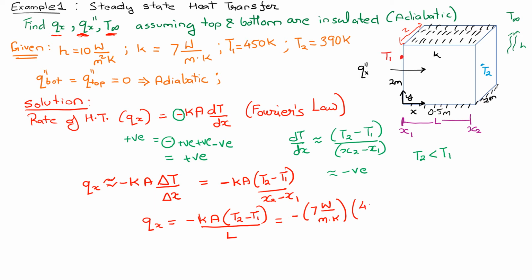So our area is 4 meter square, and our temperatures are 390 Kelvin minus 450 Kelvin, and our thickness is 0.5 meters.